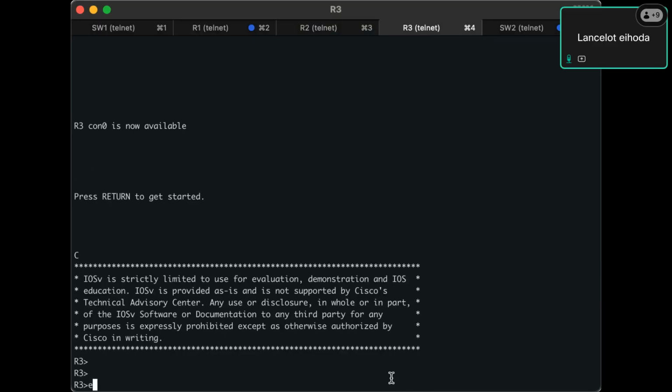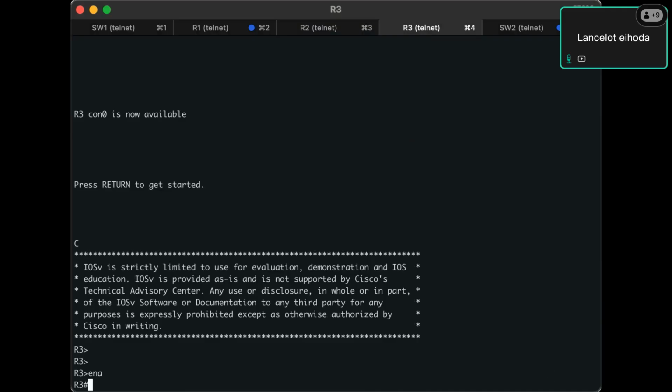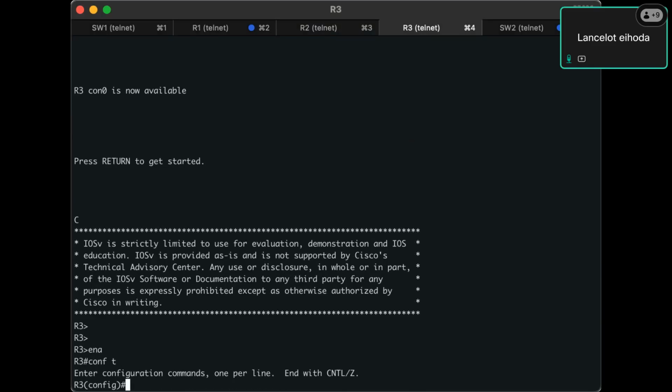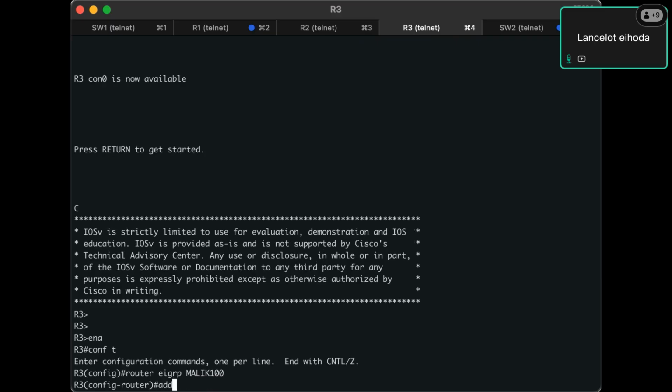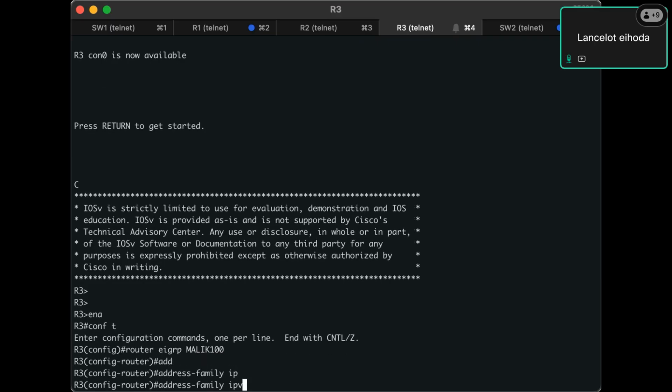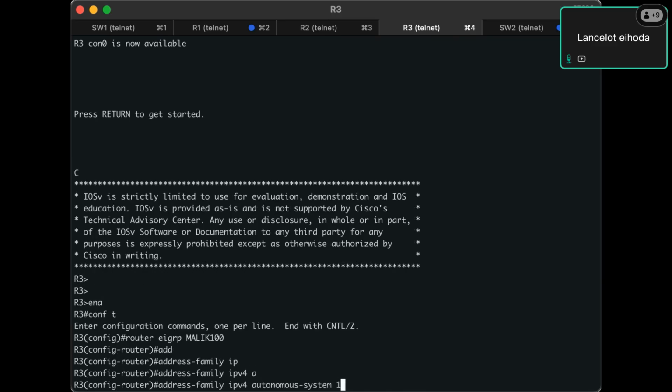Okay, so we need to go to router 3. Now, what are we going to name this address family? So router EIGRP Malik 100, address family IPv4, autonomous system 100.